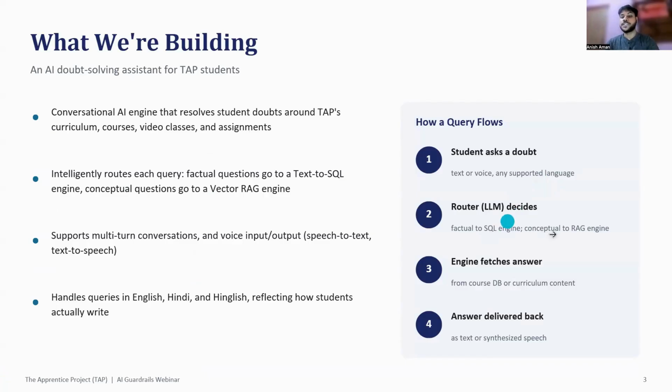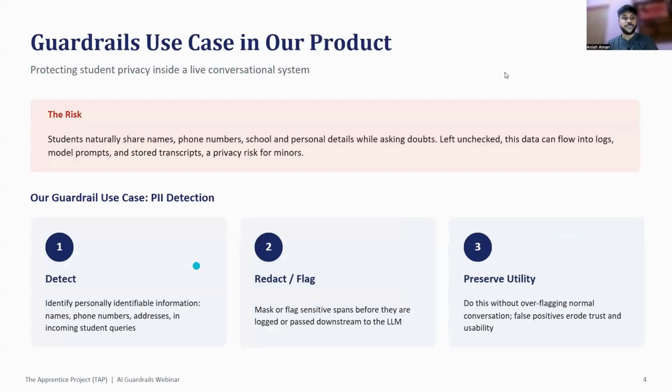If the query is factual, it goes to the SQL engine. If the query is conceptual, it goes to our RAG engine. Then this engine fetches our answer, and the answer is delivered to the student. The main thing to note is that our queries are multilingual. They can ask in English, in Hindi, and also in their local dialect.